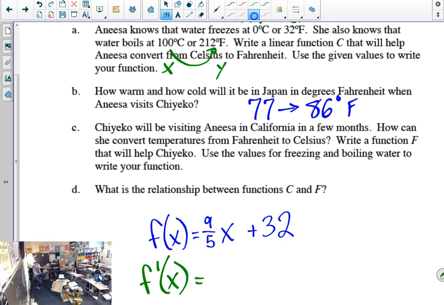What do we need to do first with the input, Ethan? Subtract 32. We're going in the reverse order with the inverse operation. So subtract 32, and then divide by 1.8. Multiply by 5/9, the reciprocal. Oh my gosh, I forgot about that.